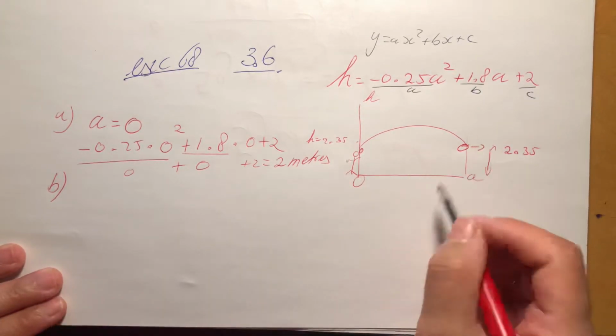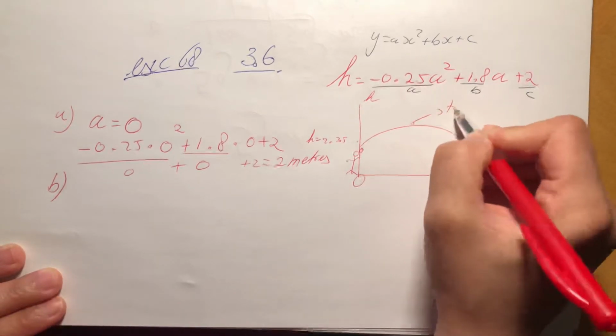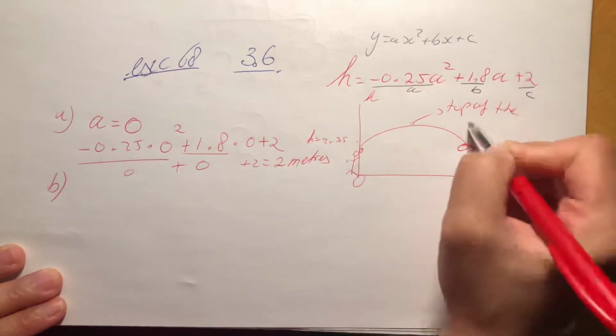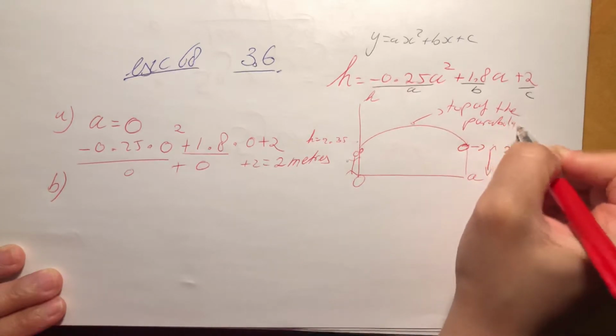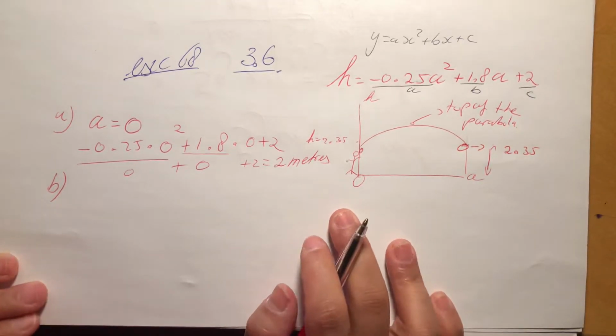The maximum height of the ball is going to be the top of the parabola. Well, we know how to find the top.